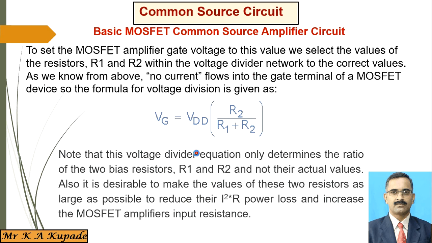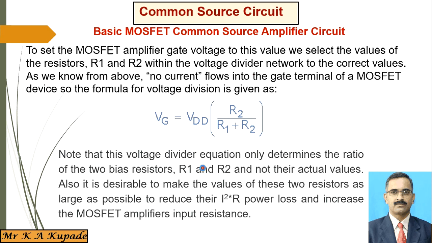So R1 and R2 serve these purposes: reducing the power loss, increasing the input resistance, and most important, acting as the voltage divider network for biasing. These are the important things of this common source circuitry.